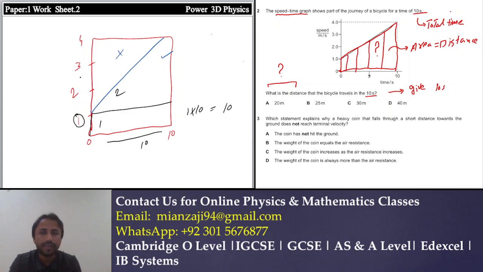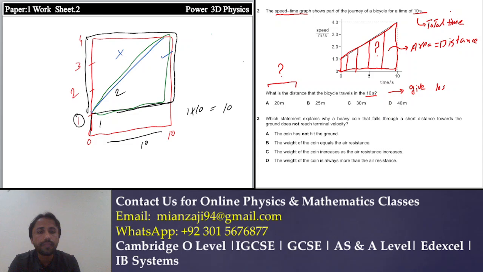Now we have to find the area of this triangle. This is a triangular shape. We have to find its area. First of all, we will find the area of this whole bigger rectangle, this one.